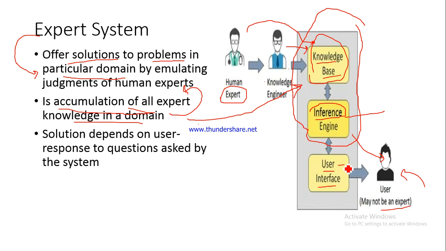So this would be the functioning of the inference engine, and this way the user will have access to the knowledge of a number of experts, plus the analysis which results from the use of this knowledge. So he will have access to both of them and he will benefit from both of these things, right? And this is how the expert system works.